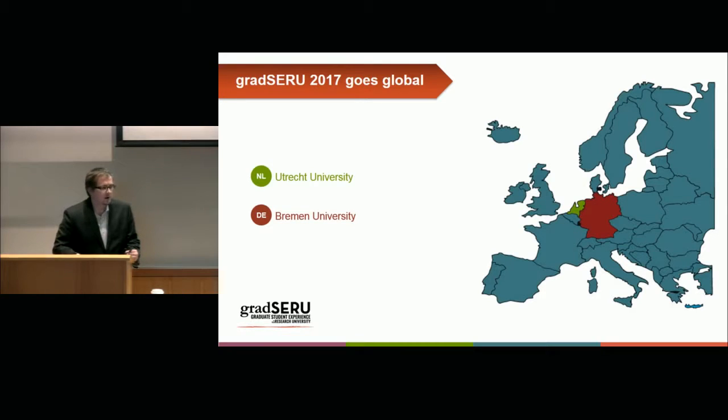Where a lot of the value from GradSERU comes from is the ability to contextualize the information that you're getting back, right? Now we know how students feel about campus climate, not just at Minnesota, but how that compares to how students feel at Michigan State and at Pittsburgh, providing a much deeper understanding into where there may be issues that we want to address and where there may be successes that we want to applaud.